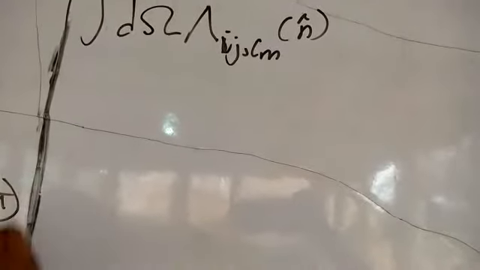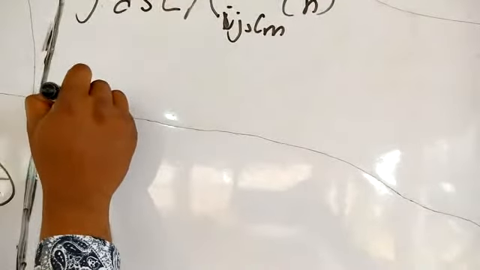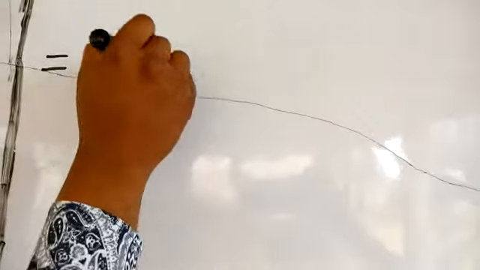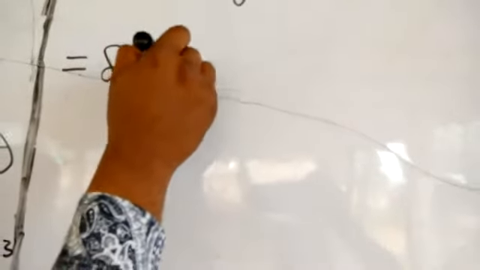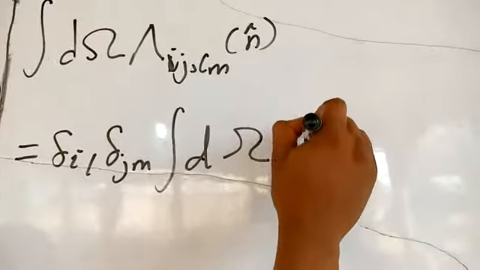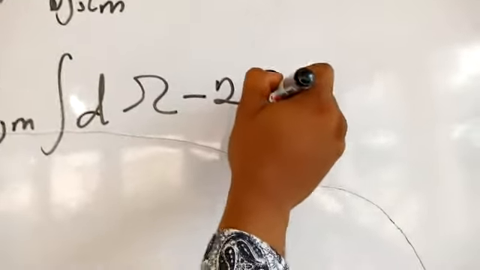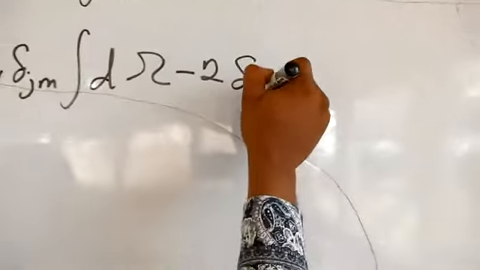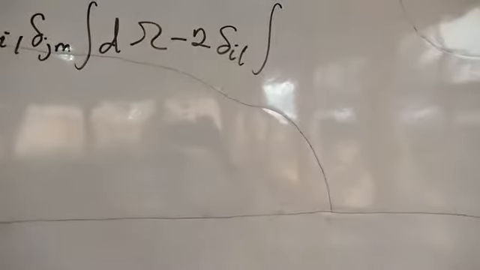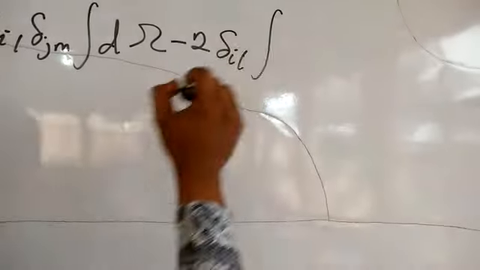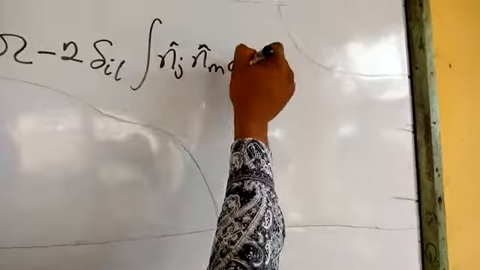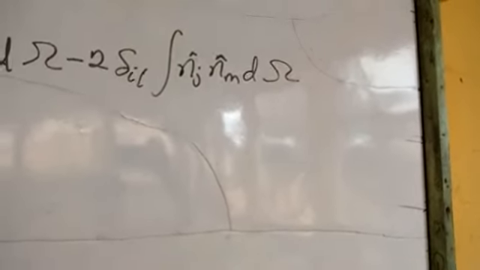So I'm going to go straight forward into saying that this is the same thing as some Kronecker delta iι, Kronecker delta jm, integral of dΩ, minus 2 times some Kronecker delta ιi, that, and then this is, of course, n_j n_m dΩ, and that is the second term.